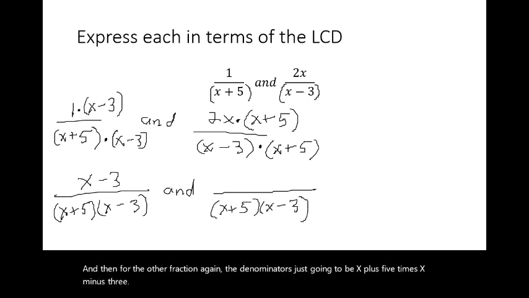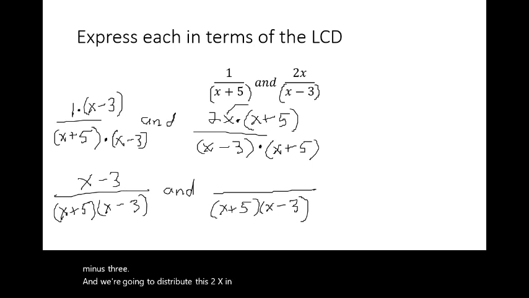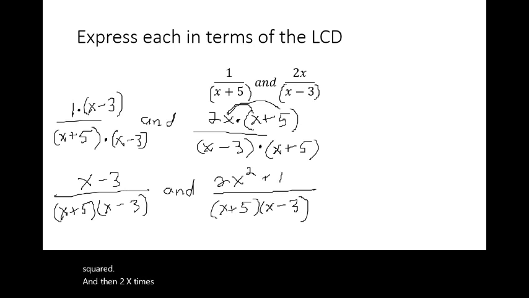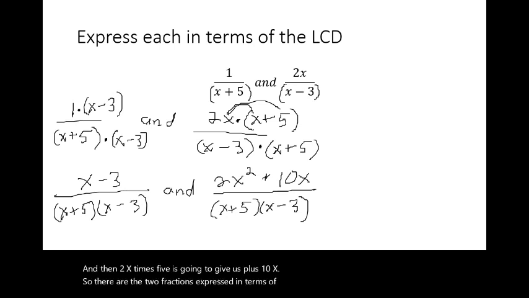And we're going to distribute this 2x in the numerator. So 2x times x is going to give us 2x squared. And then 2x times 5 is going to give us plus 10x. So there are the two fractions expressed in terms of the lowest common denominator.